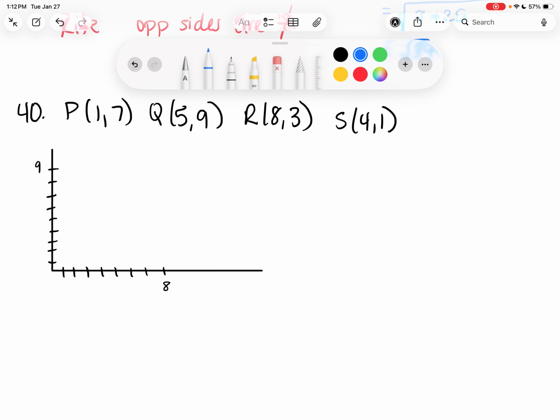So P is 1, 7. Q is 5, 9. R is 8, 3. And S is 4, 1.